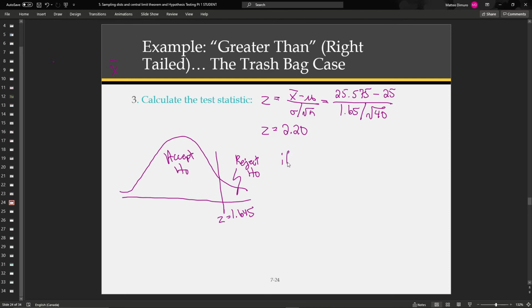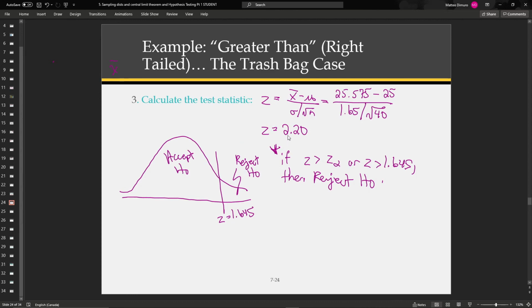So you need to write, if Z is greater than Z alpha, or Z is greater than 1.645, then reject H0. Okay, you must write this because it's showing me your logic, showing me that you understand.